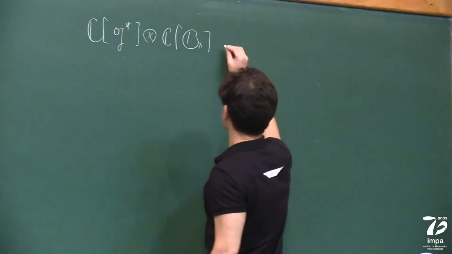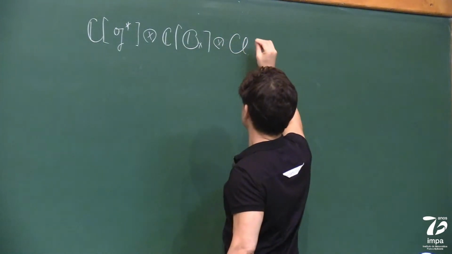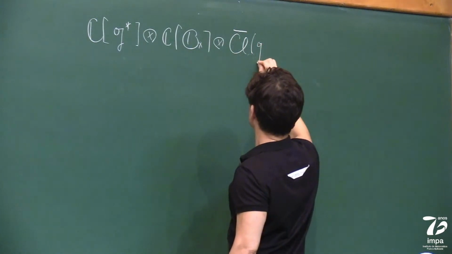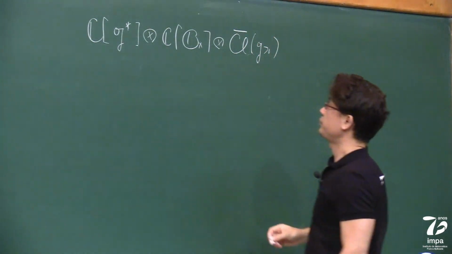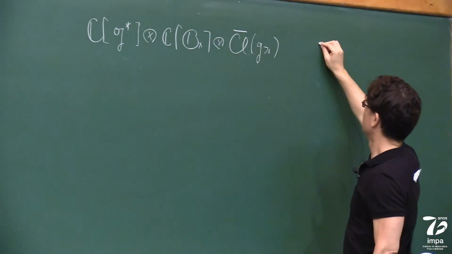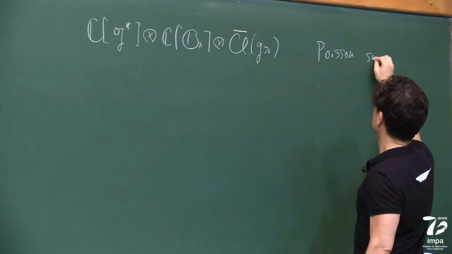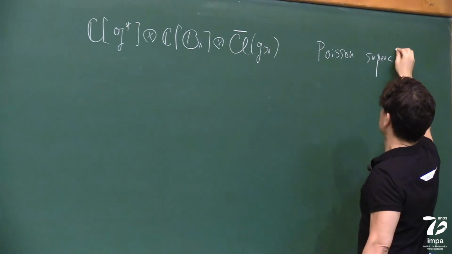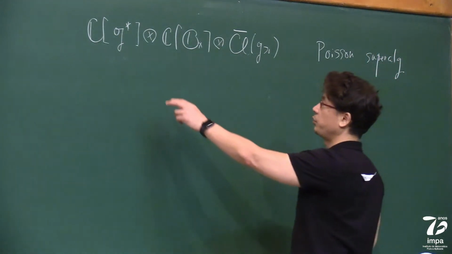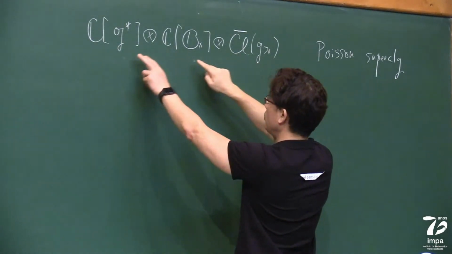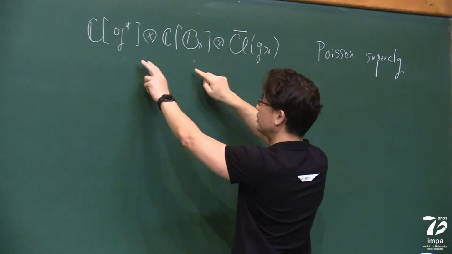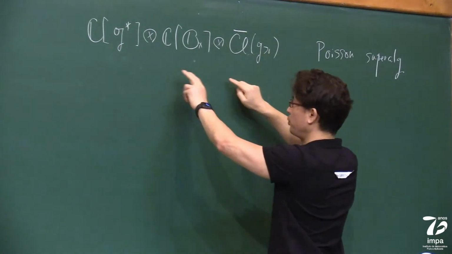And then I tensor with this Poisson superalgebra. So this is naturally a Poisson superalgebra. So I require all these elements to Poisson commute.